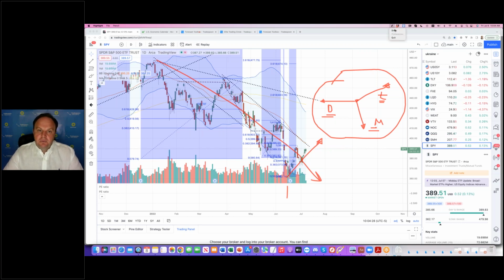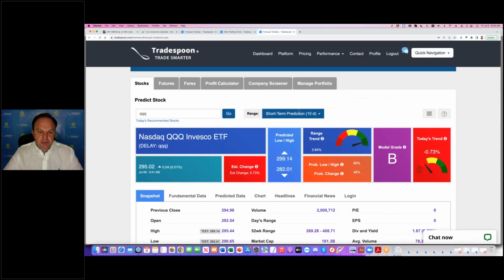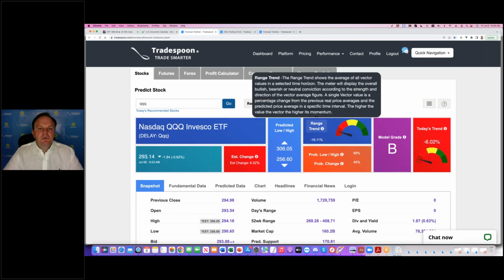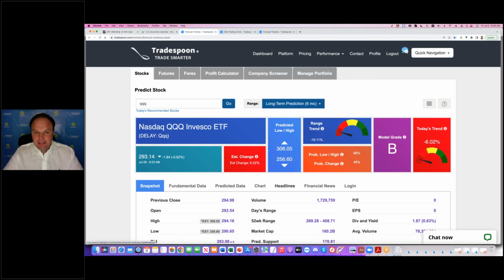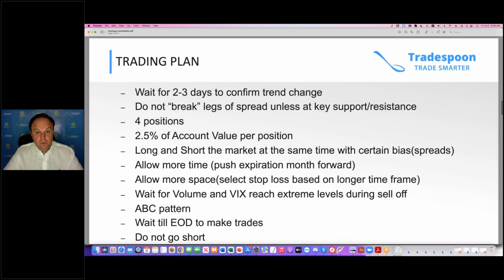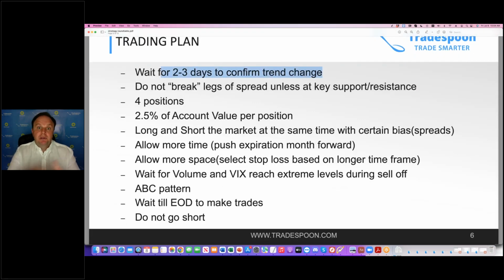The good news is that we do have models to help you make that decision without having too much experience. On the 10-day, clearly QQQ is in an uptrend. On 6 months, clearly QQQ is in a downtrend. It takes 2 to 3 candlesticks to change the direction of the market. If you're looking at the monthly chart and the market is in a downtrend, you need at least 2-3 months of higher highs and higher lows for the trend to reverse.